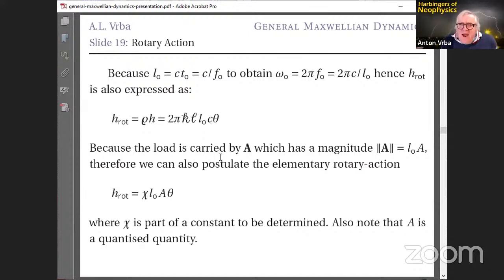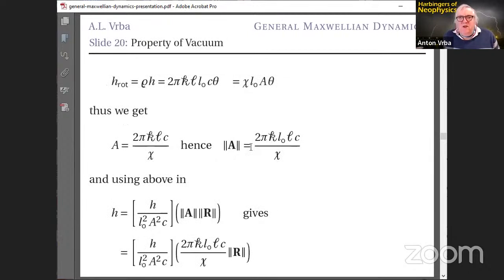And because the load is carried by A, I can also say that the rotary action is simply L0 A times the angle subtended, where chi is some constant to be determined. This is exactly the same method that I used last time. If you don't understand, I haven't done anything fancy here, in my opinion.